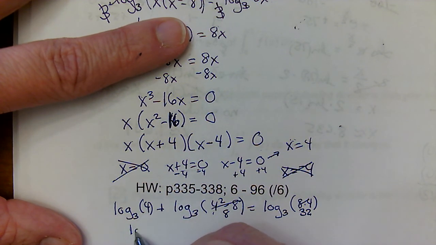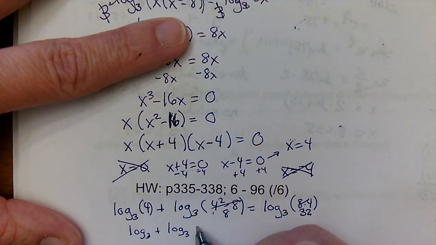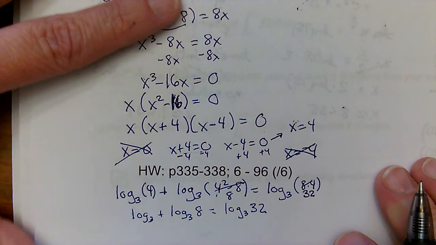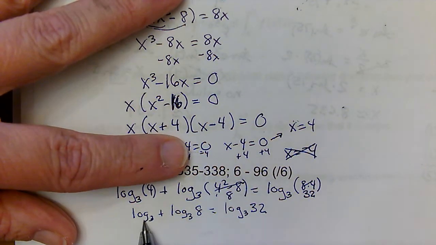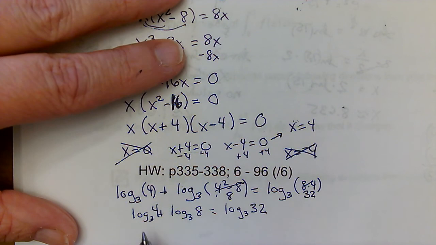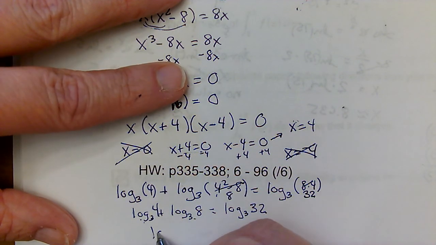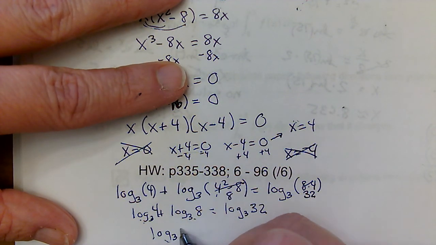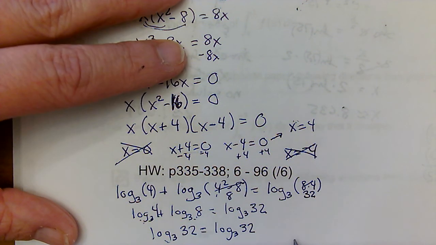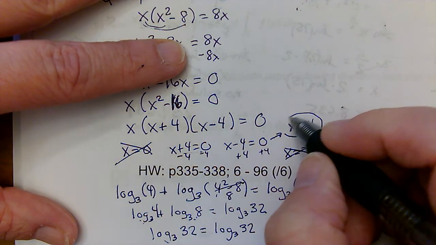So we have log base 3 of 4 plus log base 3 of 8 equals log base 3 of 32. The properties of logs say that, I didn't write the 4 there, sorry. If we add two logs, that's the same as taking the log with the same base of their product. 4 times 8 is 32. And notice that that means the equation is true. So x equals 4 is a solution.